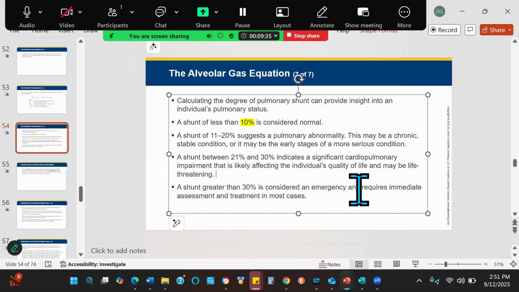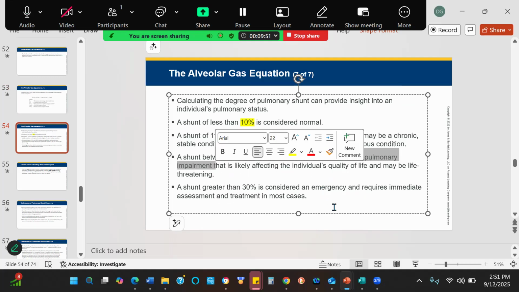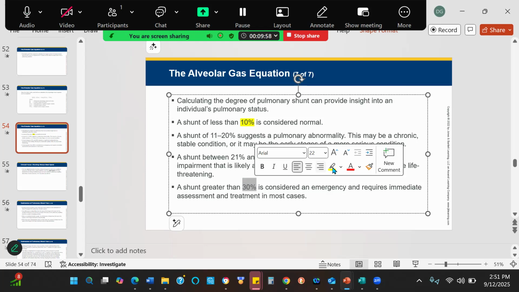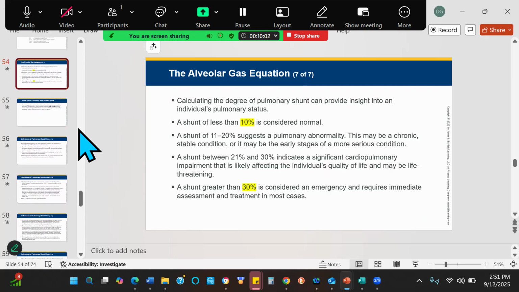Anything less than 10 is considered normal. 11 to 20 is a pulmonary problem, but over 21 is where you're really getting into a dangerous situation, significant cardiopulmonary impairment. Greater than 30%, we would say, is an emergency and requires immediate treatment. So shunt greater than 30 is probably the number you should come away with. It is a serious situation requiring emergency treatment.